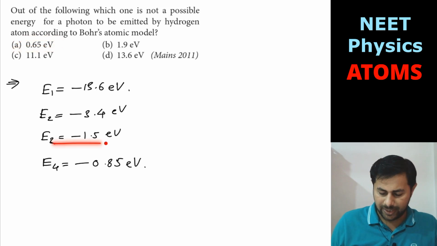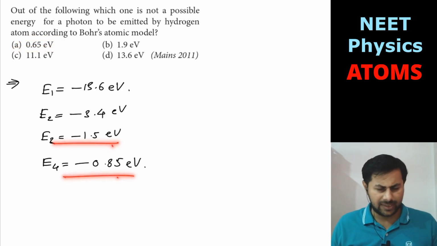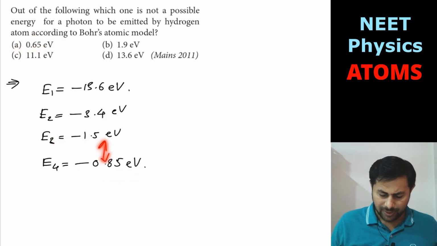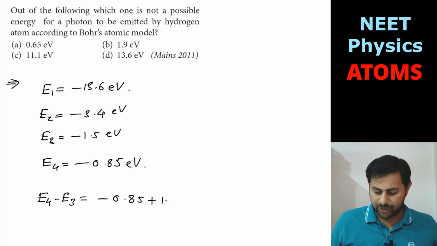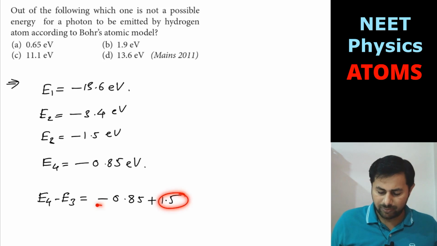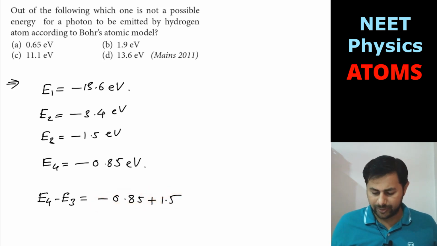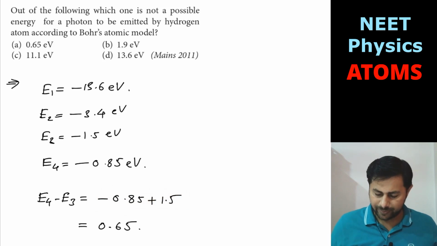I guess E3 and E4, if you take the difference, we had seen this in one of the questions, that E4 minus E3 would be equal to 0.65, right? So minus 0.85 plus 1.5, 1.5 minus 0.85 is 0.65. That is also possible.